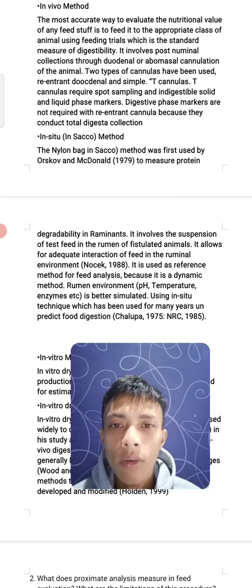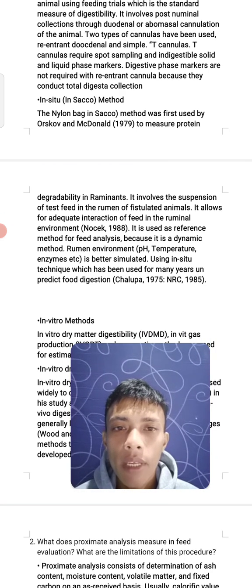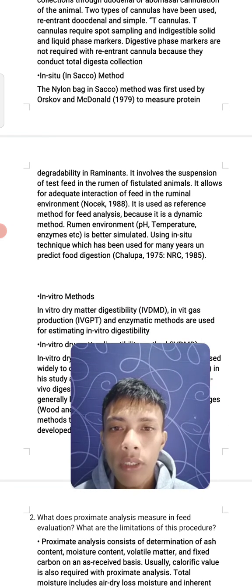It allows adequate interaction of feed in the ruminal environment, or in NRC 1988. It is used as a reference method for feed analysis because it is a dynamic method. Rumen environment, or pH, temperature, enzymes, etc.